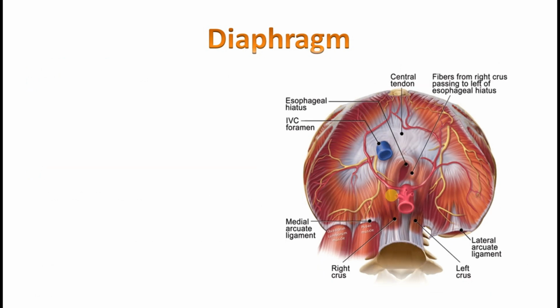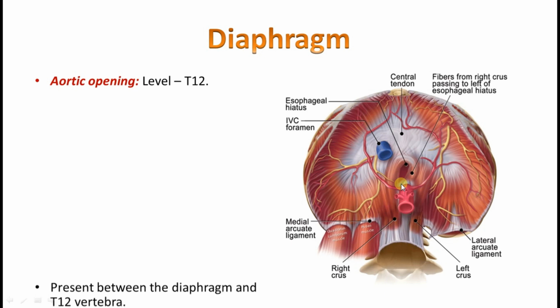The third major opening is the aortic opening, which is situated at the level of T12 vertebra. It is an osteoaponeurotic opening. Speaking strictly, it is not at all an opening, it is a gap between the T12 vertebra and the posterior part of the diaphragm.